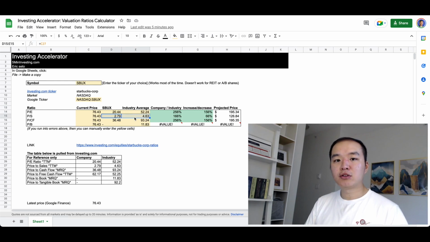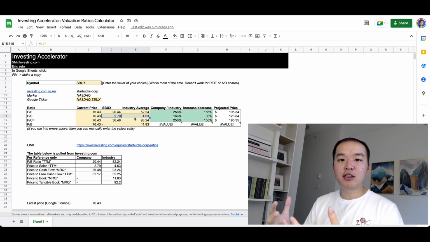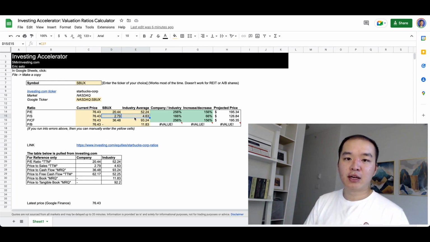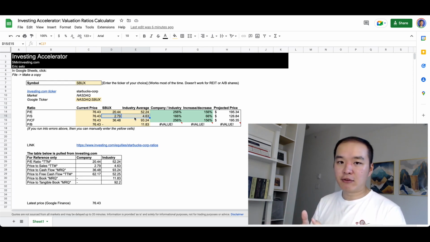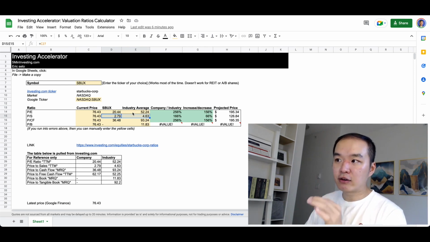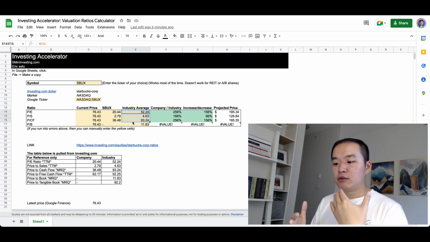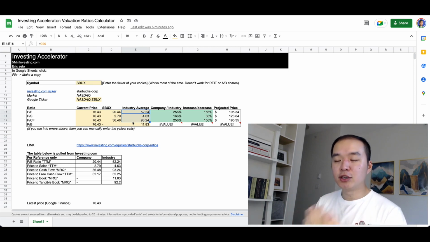This also helps you calculate the potential price or the valuation of what Starbucks would be worth if it is at the industry level. Now, sometimes it is not comparable because the industry figure is not reliable, and sometimes it is really far off, which requires your judgment to determine which ratios are relevant and which are not.